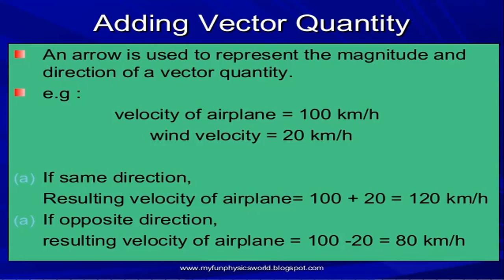So if we're going in the same direction, the resulting velocity of the airplane is 100 plus 20 equals 120 kilometers per hour.